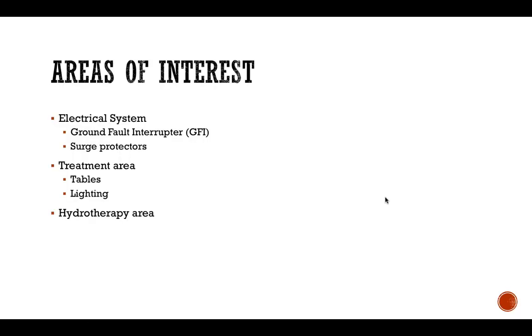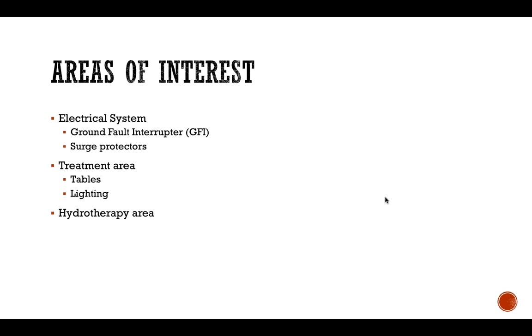So specifically in an athletic training facility, and specifically thinking around our idea of modalities, we have a couple areas of interest that have a lot of legal issues around them. The first one is the electrical system within the facility.